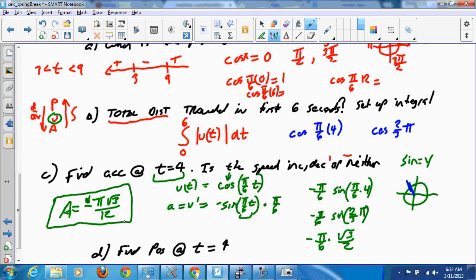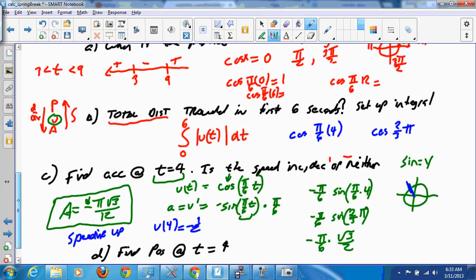We really don't have to do anything further. We don't have to find the exact value, although it would be a -1/2, right? You could say the velocity at 4 seconds is equal to a -1/2. Since the velocity is moving towards the left and the acceleration is negative, this particle is speeding up at time equals 4.